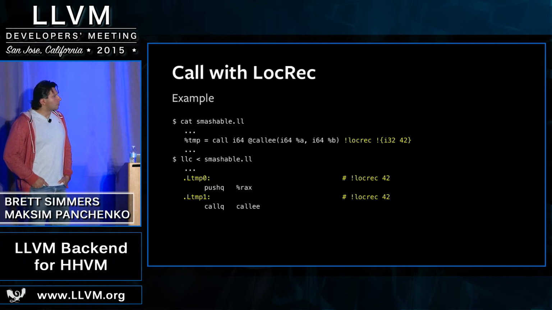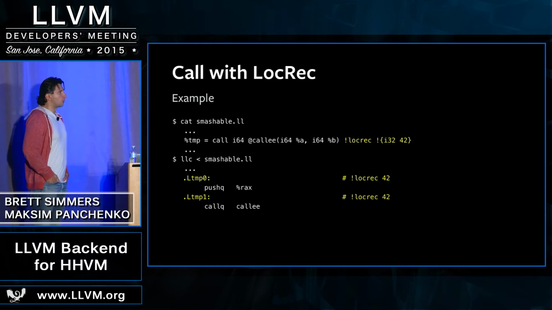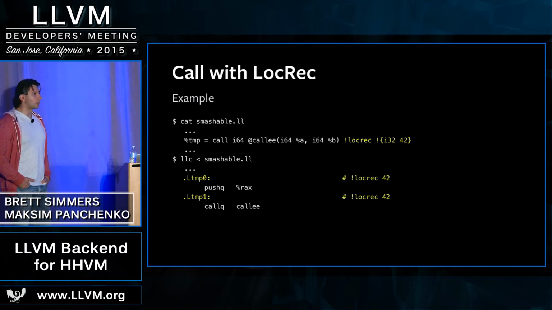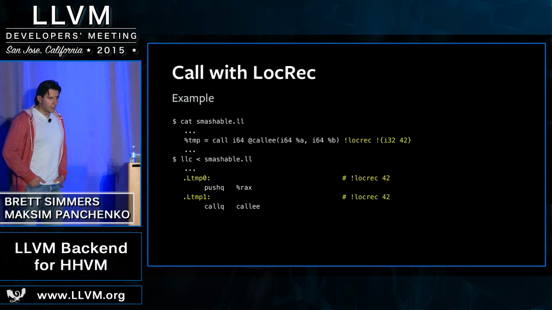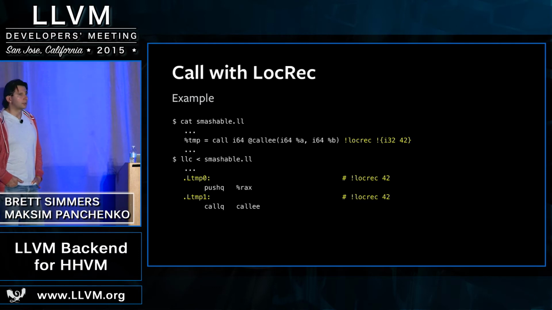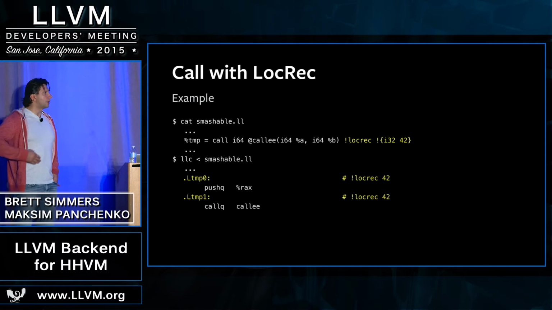And we found it useful not only for call instructions and invoke. We could attach locrec to any instruction, and it was useful when we were analyzing code. So we wanted to see, for example, what IR instruction resulted in which machine instructions. We attach a location record to it, and in the output we have all the data we needed.